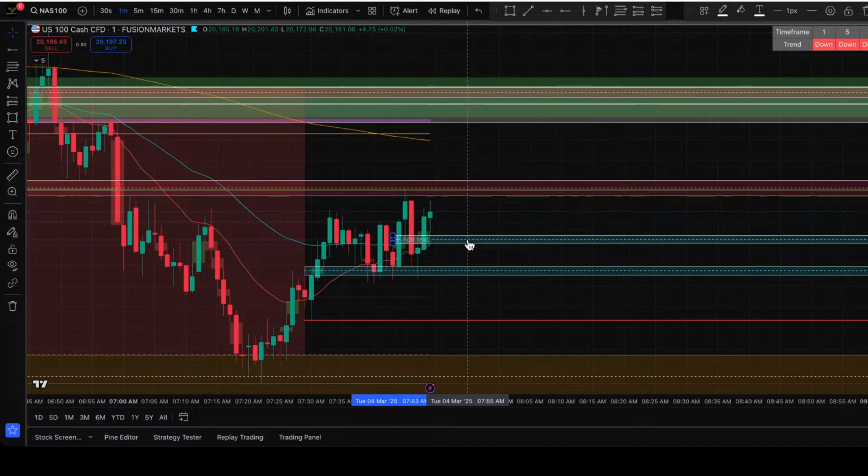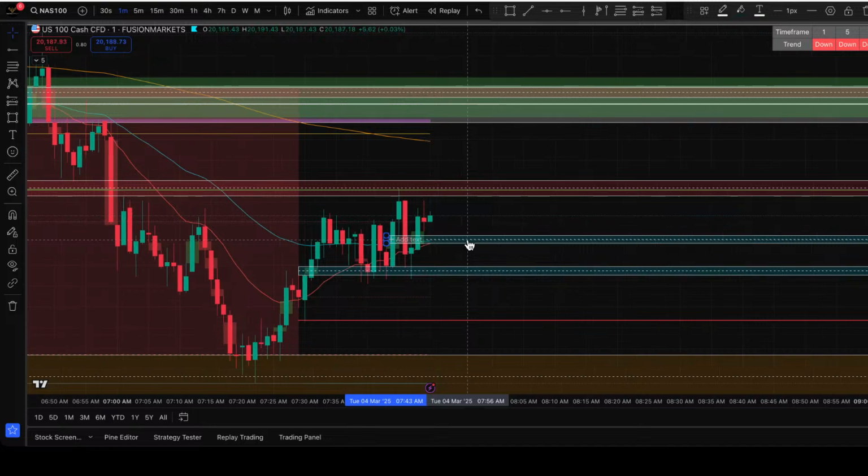Looks like it's going for one more swipe. Let's see. About 10 minutes away from 11. So we've officially violated this fair value gap.